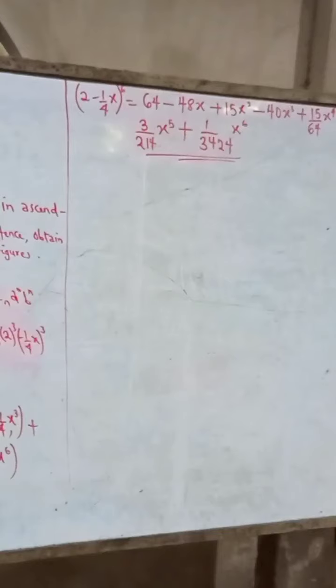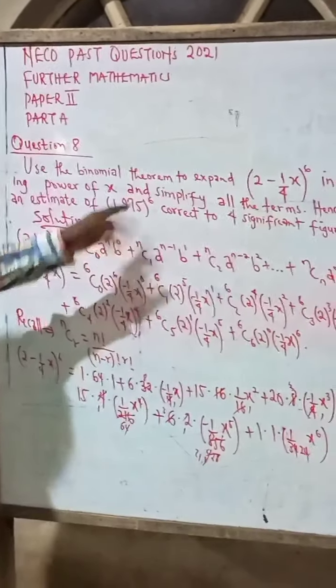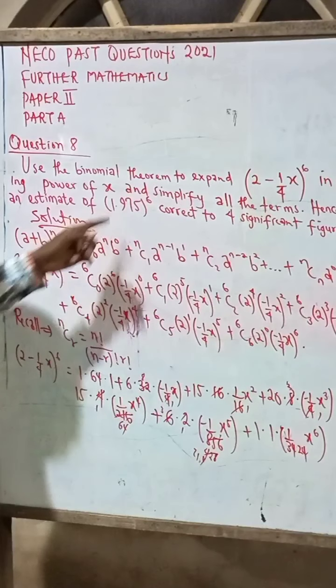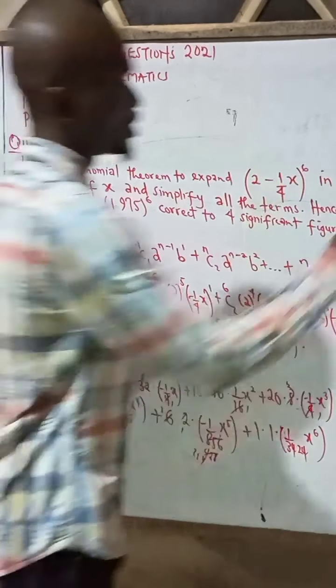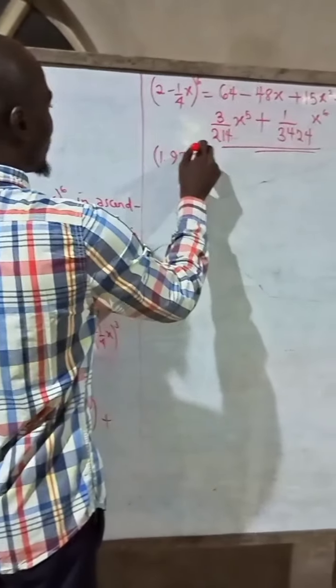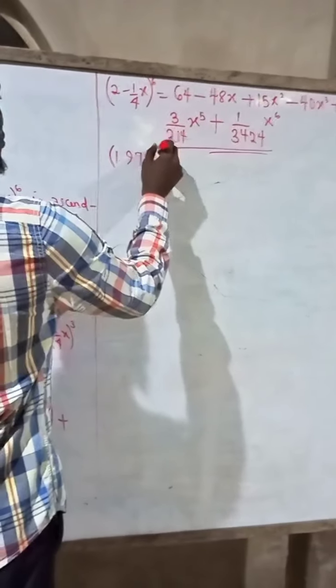For the question, we are not done with the whole of the question. The question is still asking us to use this expression to get an estimate value for 1.975 raised to the power of 6.